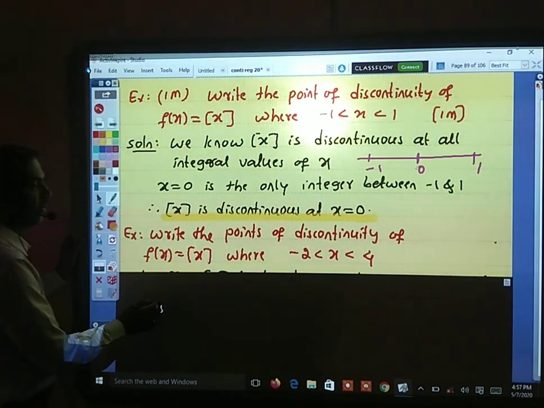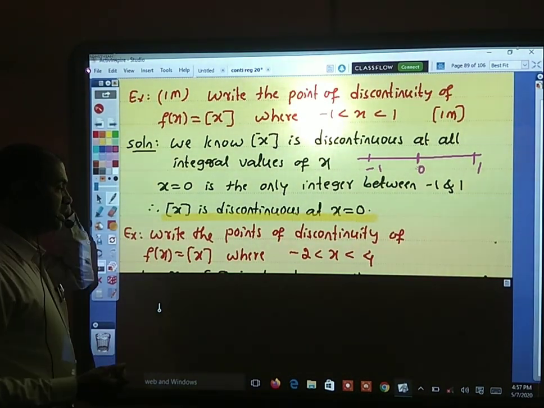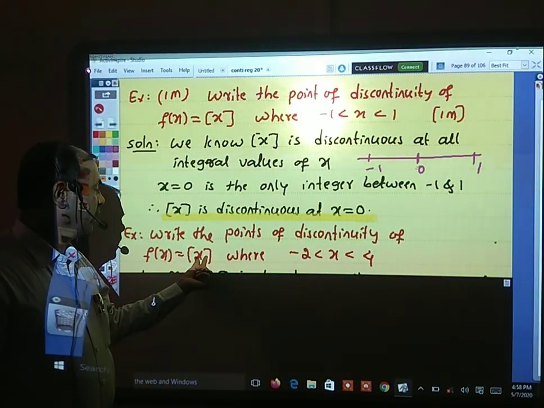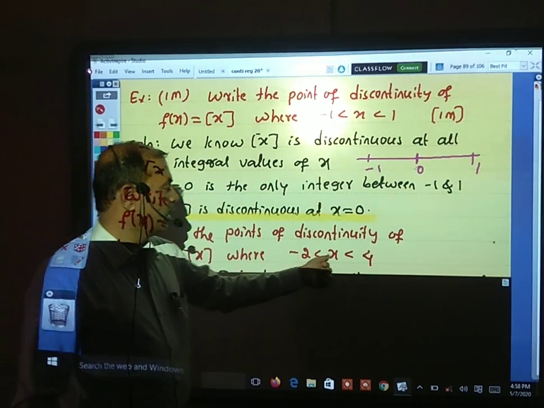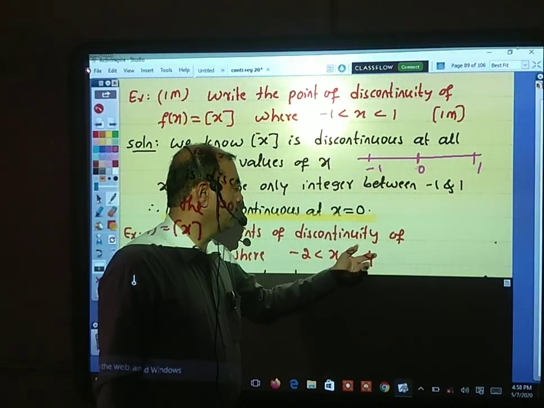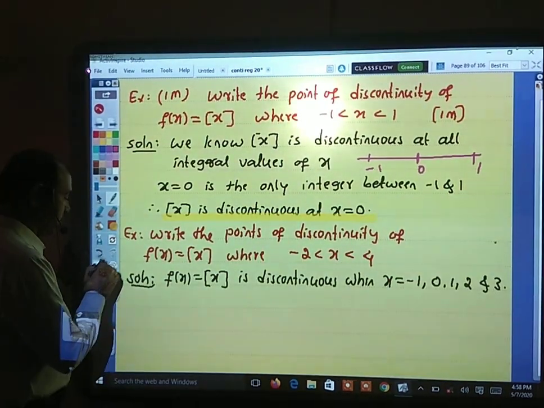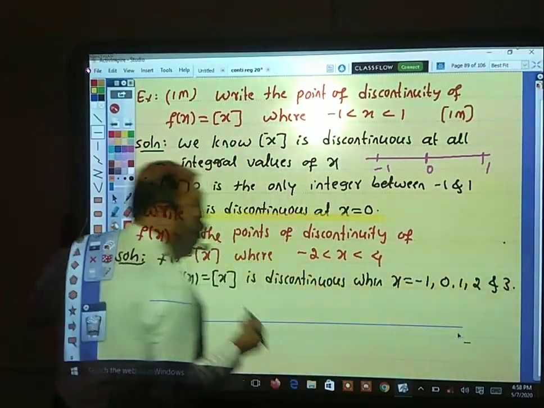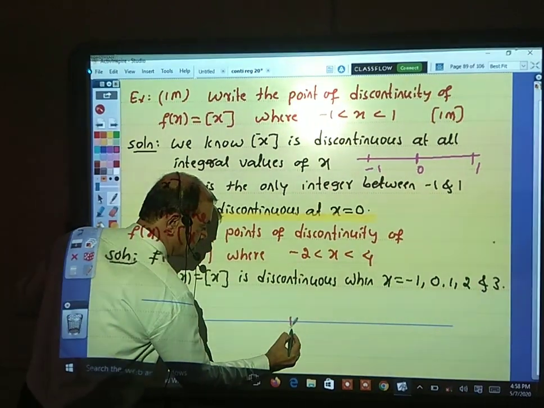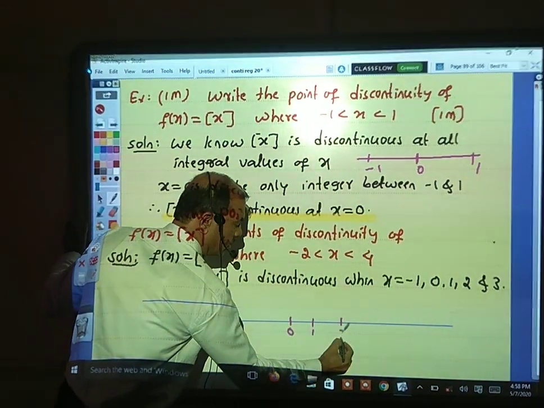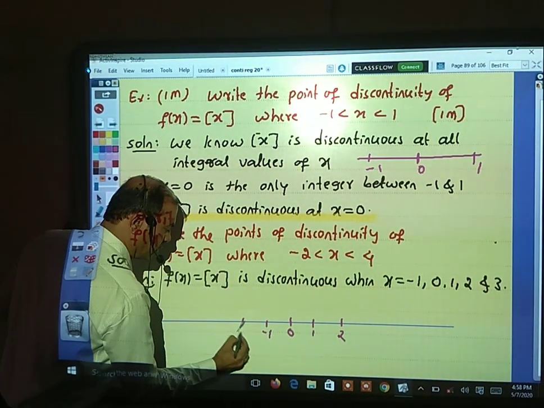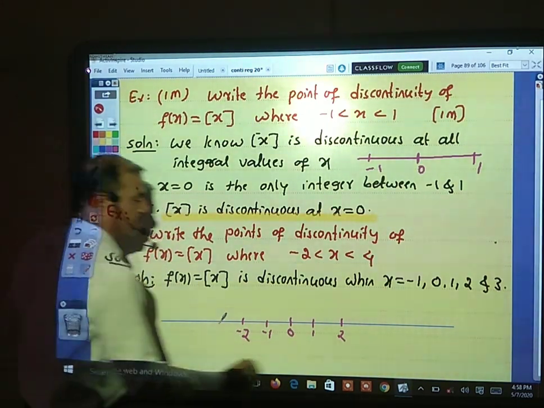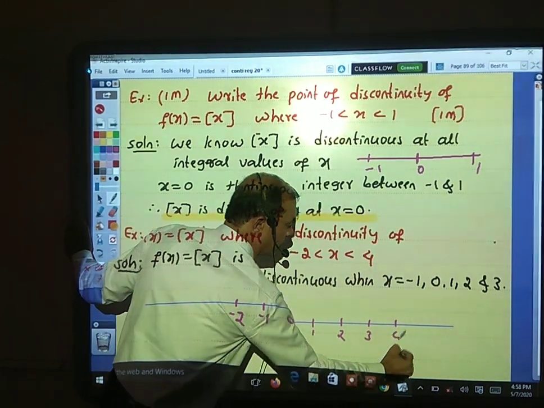See this, write the points of discontinuity of the greatest integer of x where x lies between -2 and 4. Tell me, between -2 and 4. This is 0, 1, 2, -1, -2, 3, 4.